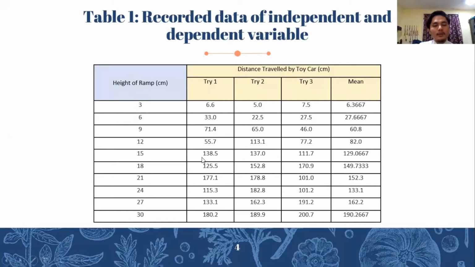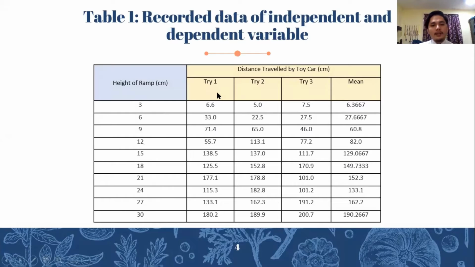So for the ramp, my group and I started from 3 cm, and it keeps adding up 3 cm continuously: 3, 6, 9, 12, 15, 18, 21, 24, 27, and 30.